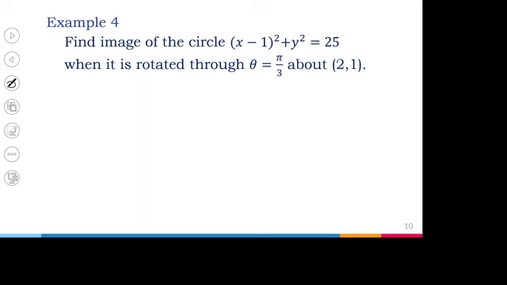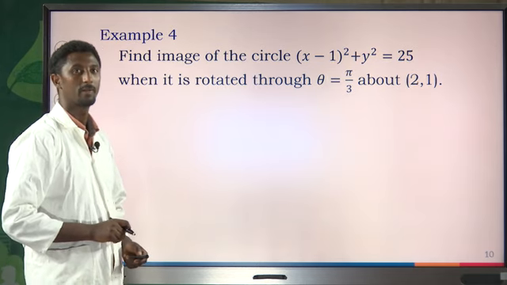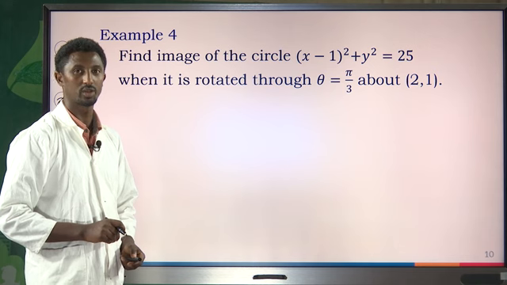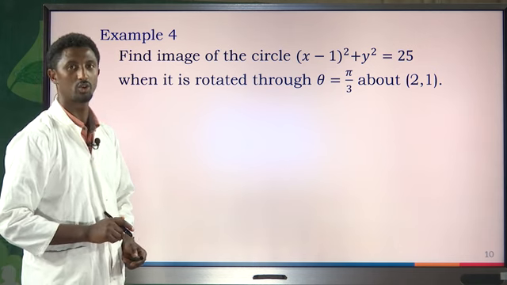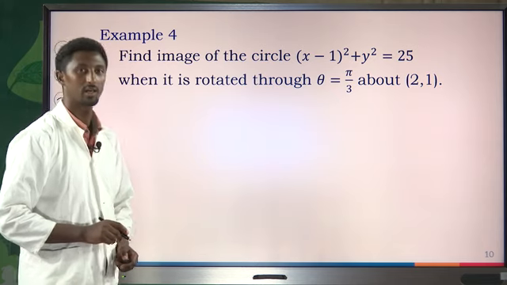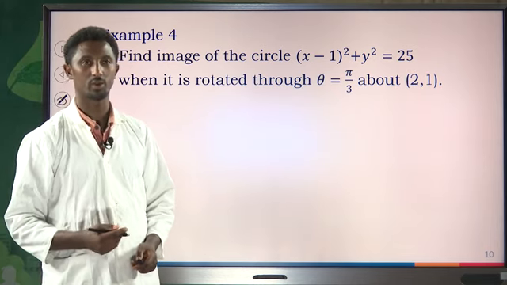Then example 4: find the image of the circle (x minus 1) whole squared plus y squared equals 25 when it is rotated through theta equals pi over 3 in radian measure about (2, 1). Here, the image of a circle after rotation is also a circle.